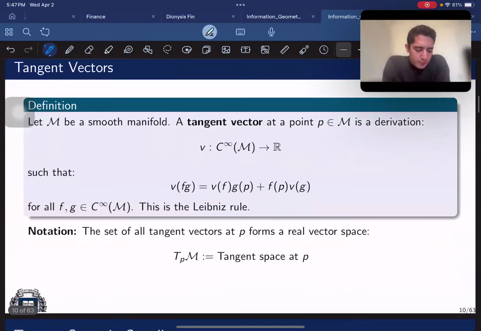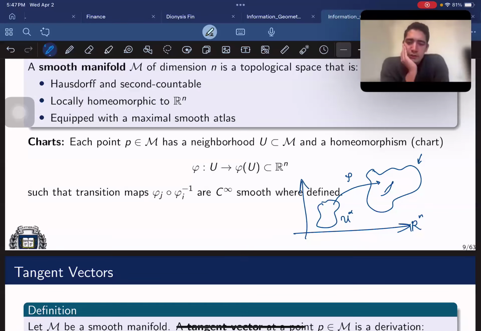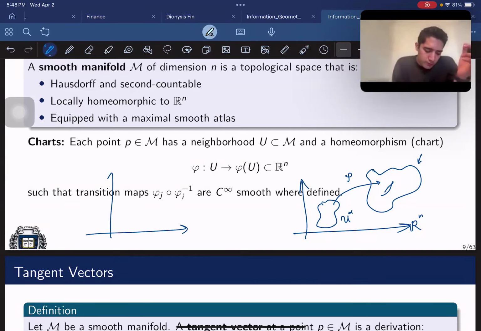Then, as we saw, we need to discuss vectors to talk about angles, because we're talking about geometry, and geometry is nothing but the calculation of angles and distances. So in Euclidean geometry, at each point you have vectors, and you can compare them easily.